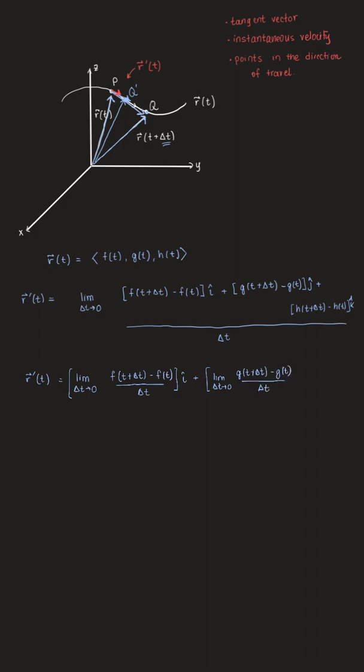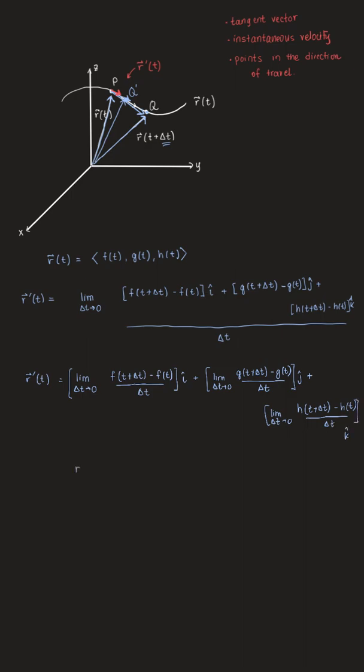So we're also distributing the delta t, j hat. And for our last component, which I'm going to write underneath, we have the limit as delta t approaches 0 of h of t plus delta t minus h of t over delta t, and this is times k hat.